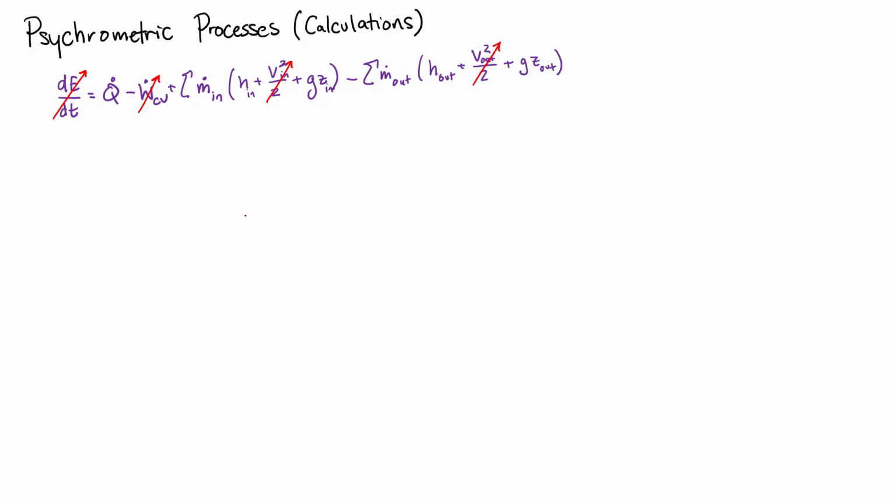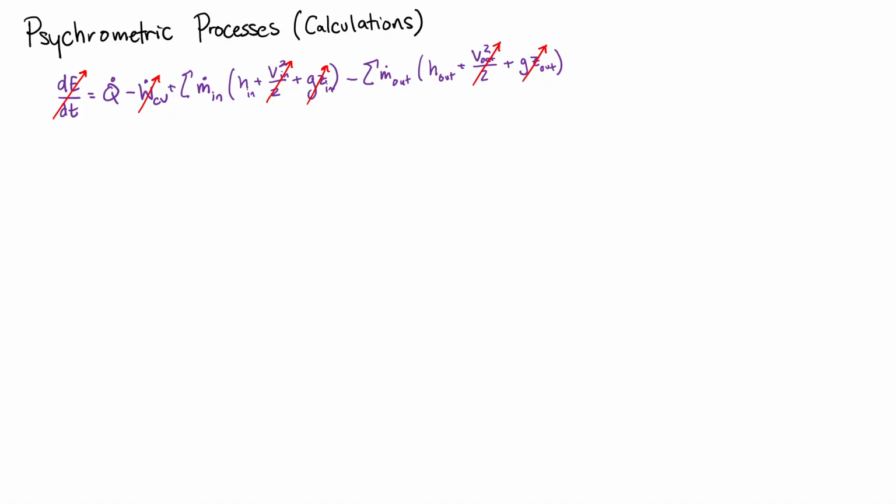We can assume those are negligible for most of the things we're going to be looking at, because we're normally looking at HVAC type ideas here. We might need those, but again, remember how large those changes needed to be to impact anything. And we're not going to worry about potential energy changes because those values continue to be particularly small. So that is our base form of our equation.